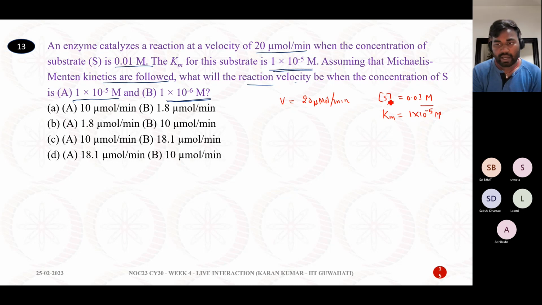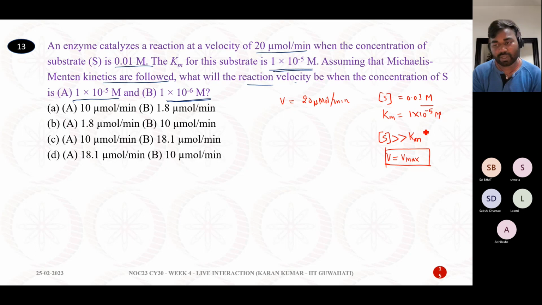Now, as I told in the beginning, when the substrate concentration is much larger than the Km, then V will be equal to Vmax. That is the assumption of Michaelis-Menten kinetics.